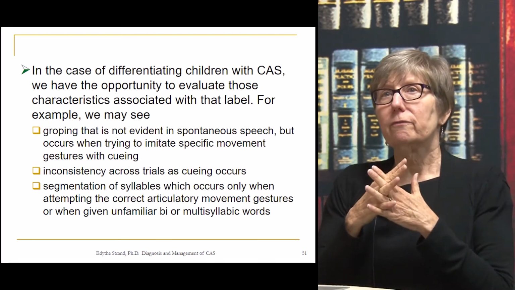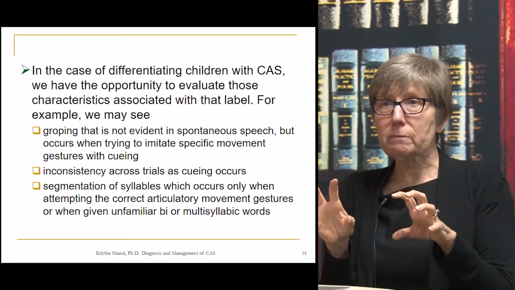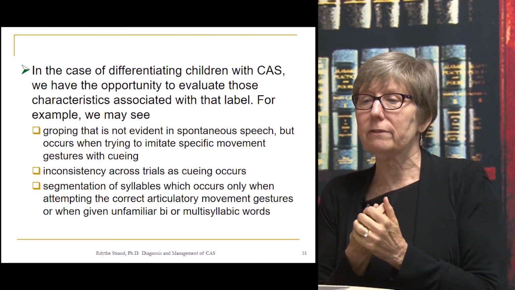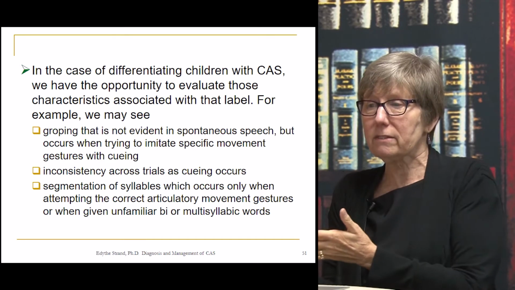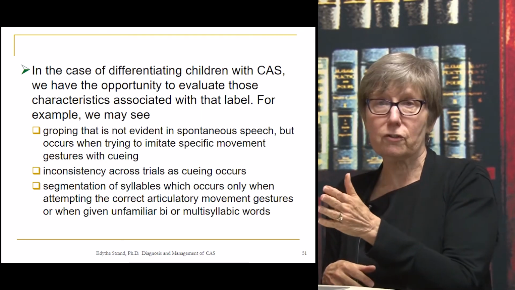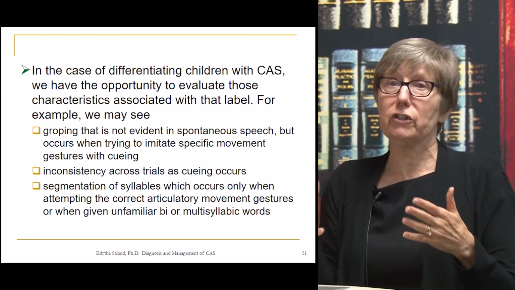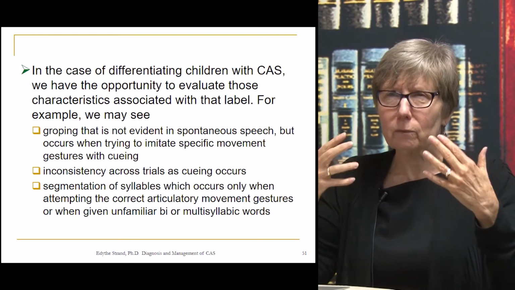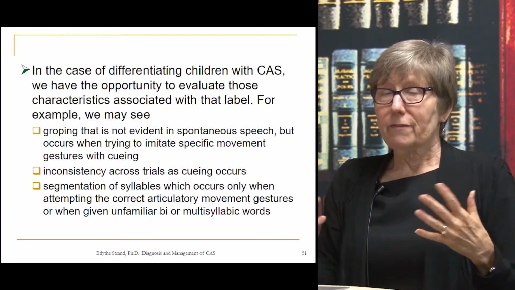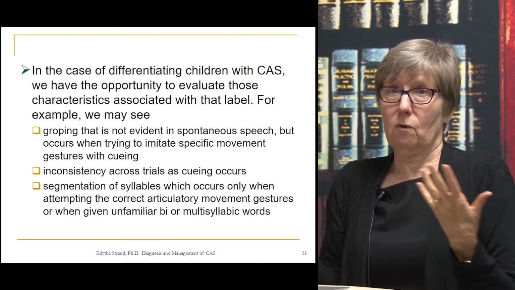So in differentiating children that have maybe at least some component of childhood apraxia, a motor speech exam, especially a dynamic motor speech exam, allows us the opportunity to evaluate those characteristics that might be associated with that label, such as groping, such as inconsistency across trials as cueing occurs, such as segmentation of syllables, which may occur only when they're really trying to be more accurate with the segmental movement gesture. Or if they're trying to say an unfamiliar or a new to them word that's bisyllabic or multisyllabic.